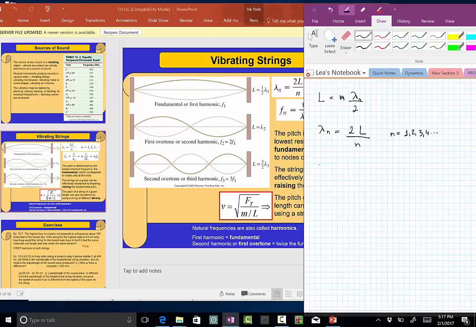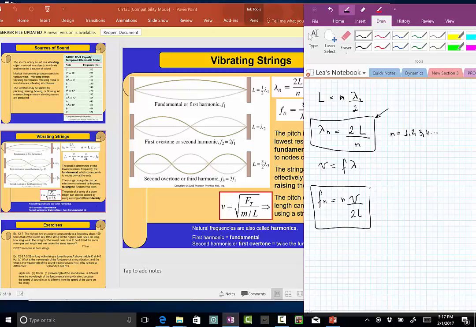Since we know that the wave velocity is equal to the frequency multiplied by the wavelength, I can write an expression for the frequency, which will be equal to v, the wave velocity, divided by the wavelength. The wavelength is 2L divided by n, so n goes on top. So the standing waves that we can have on the string have this wavelength and this frequency.